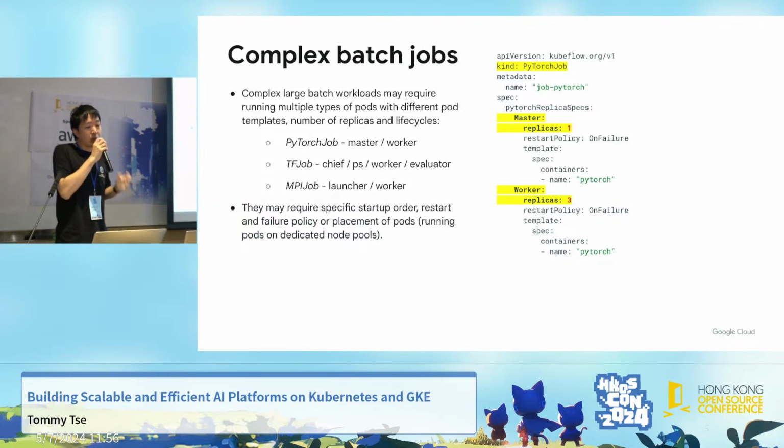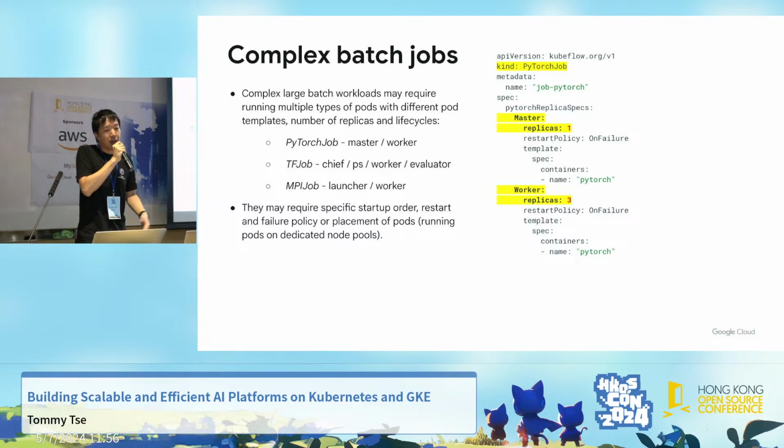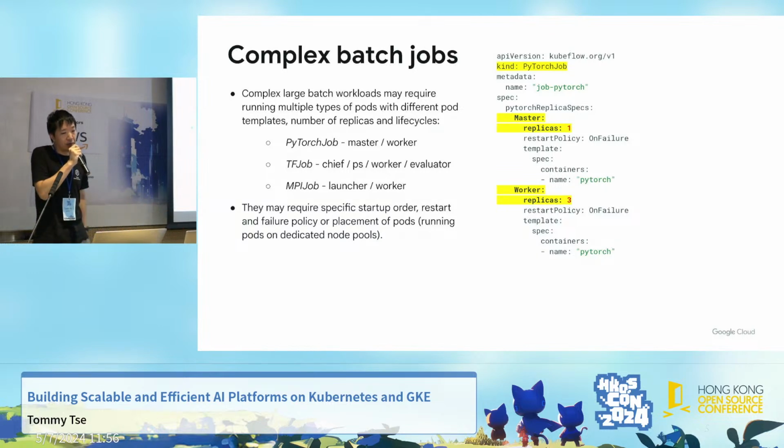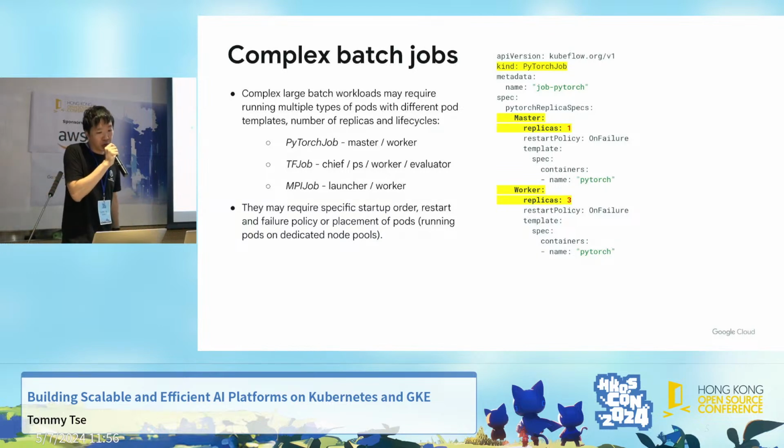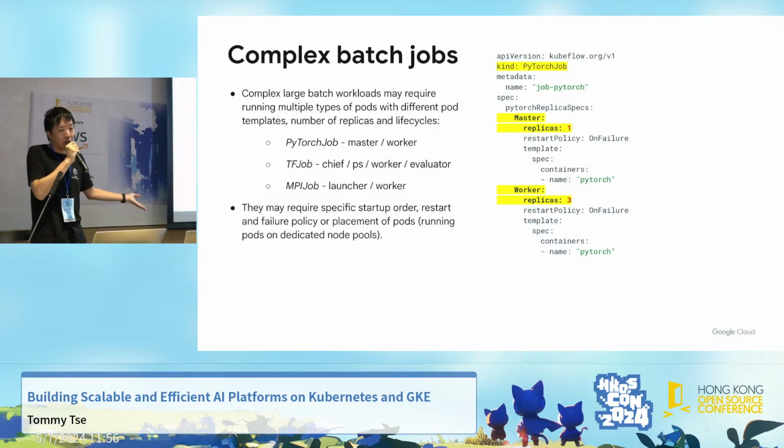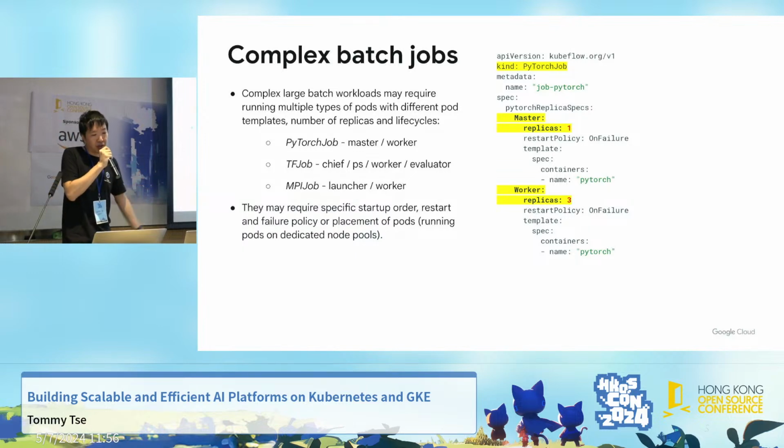When you want complex batch job processing, like a job with multiple different pod templates, you can do that today with Kubeflow, for example, with a PyTorchJob here. You can see that you get a master template and a worker template, so they can do different things.